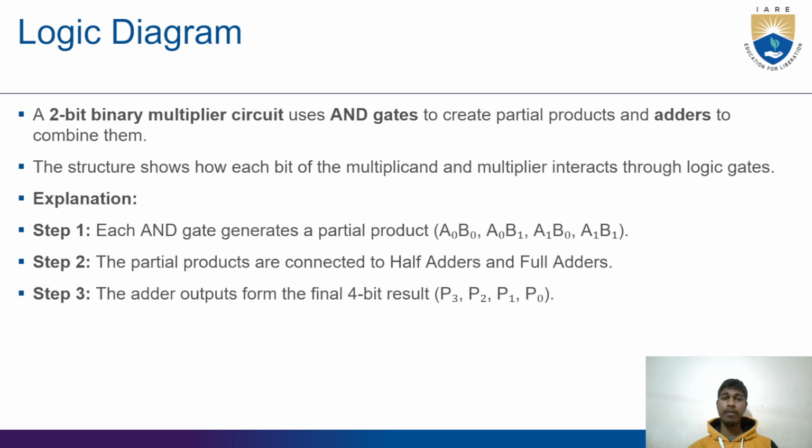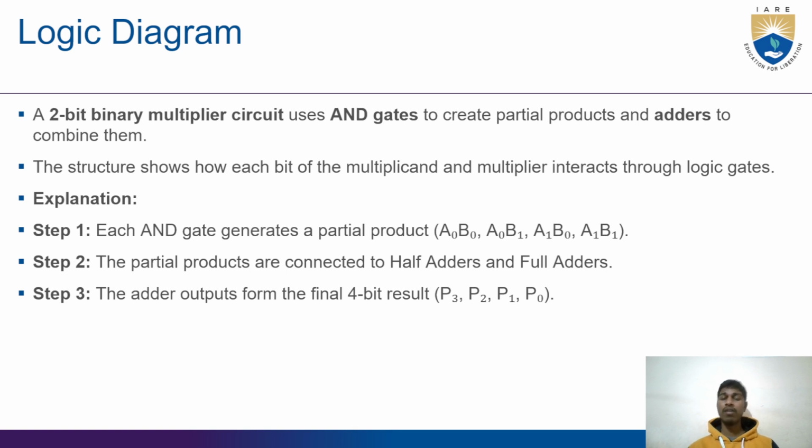So, as I said before, everything is done through the foundation of the logic gates, for every arithmetic operation. Step 1: each AND gate generates a partial product: A0 B0, A0 B1, A1 B0, A1 B1.